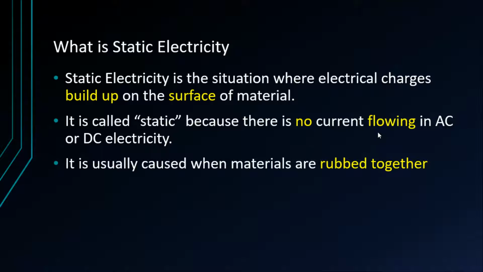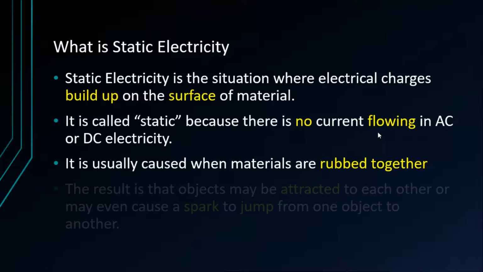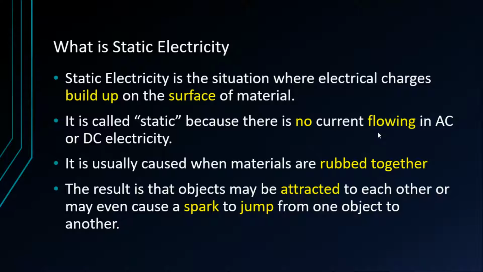It is usually caused when materials are rubbed together. The result is that objects may be attracted to each other or may even cause a spark to jump from one object to another.